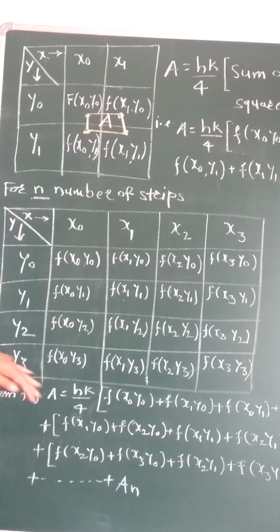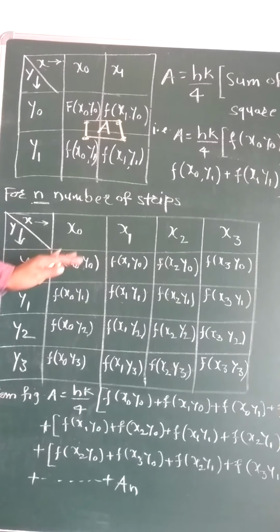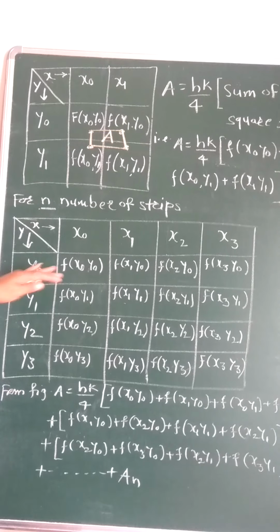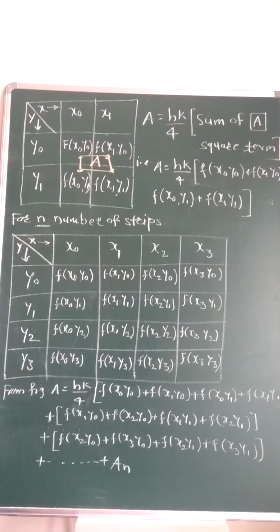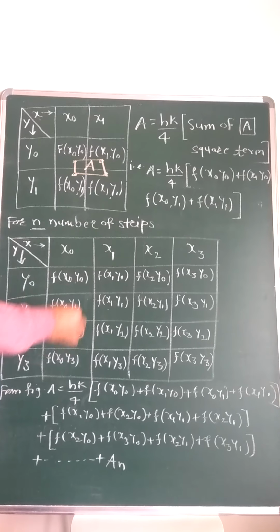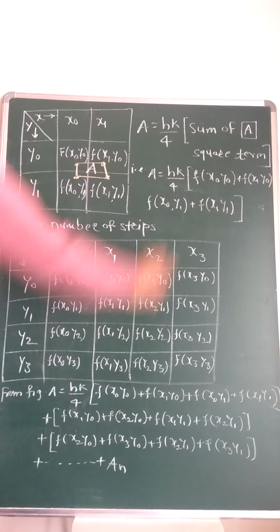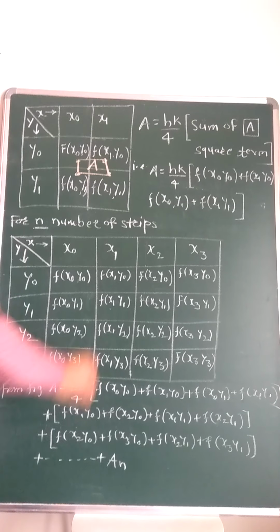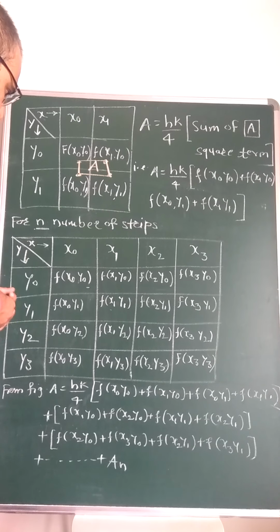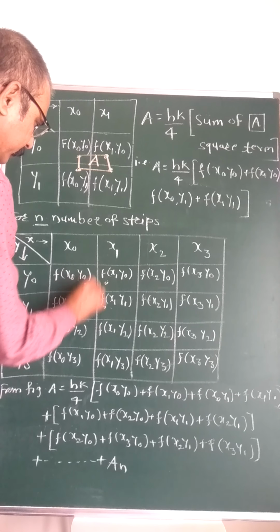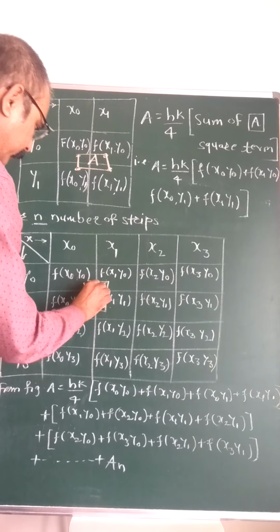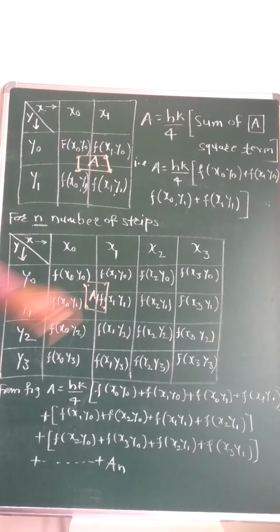Likewise, write all the values of the function. Then the formula for n number of strips: as we know, for a single strip it is the sum of square terms, that is these 1, 2, 3 and 4, these 4 values, which is area a1.